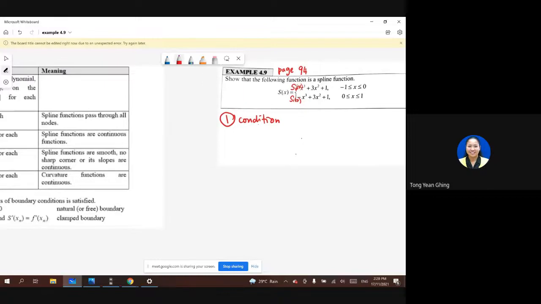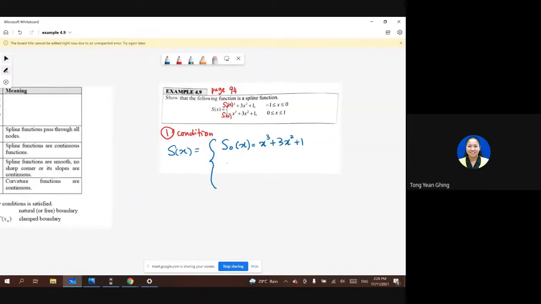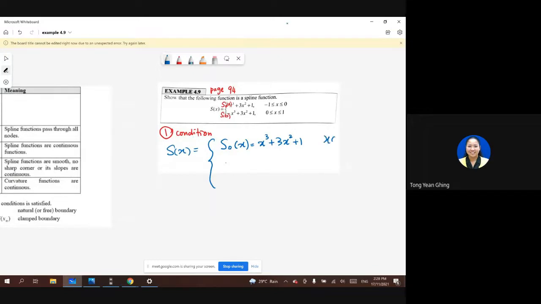So according to ours, S(x) is actually equal to S0(x) = x cubed plus 3x squared plus 1, for x from -1 until 0.